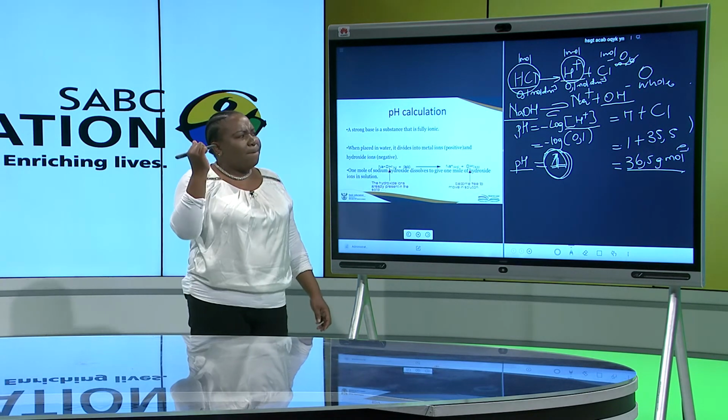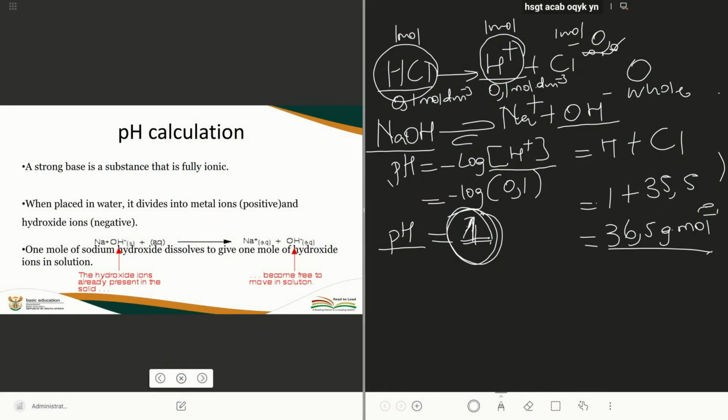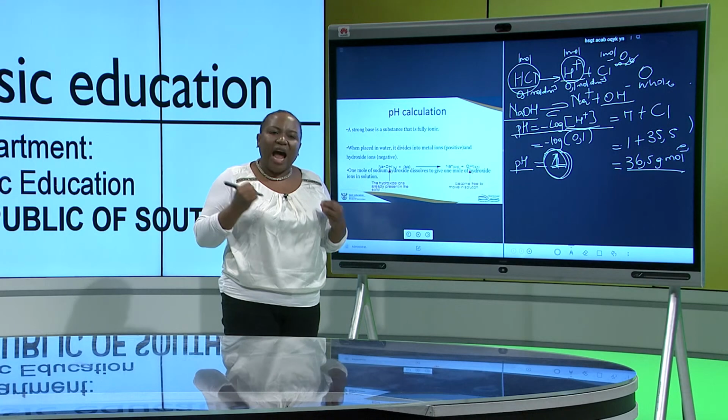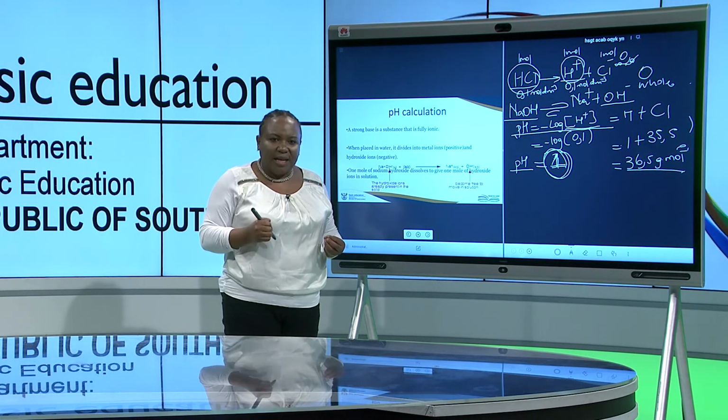So if we want the pH of a base, we cannot go straight to the formula we were using to calculate the pH of an acid. We now need to find the amount of the hydrogen ions in that specific base.